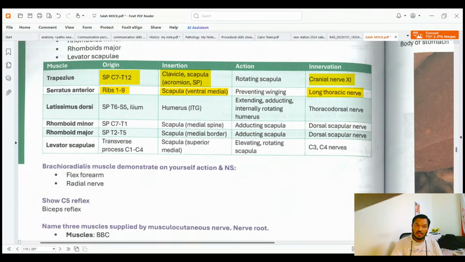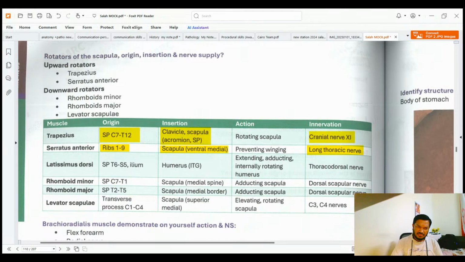Latissimus dorsi? Why latissimus dorsi? Trapezius, serratus anterior, rhomboid major, minor, and levator. Latissimus dorsi is not here.